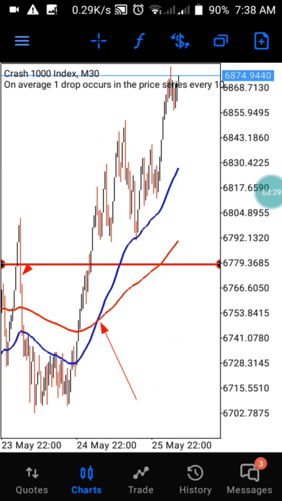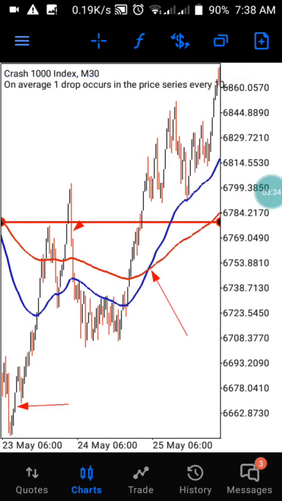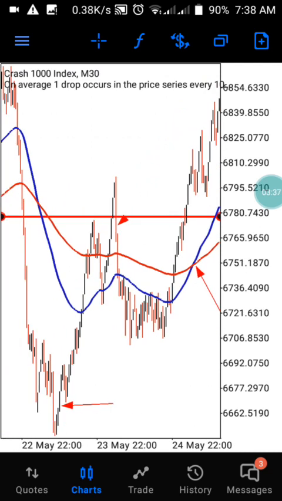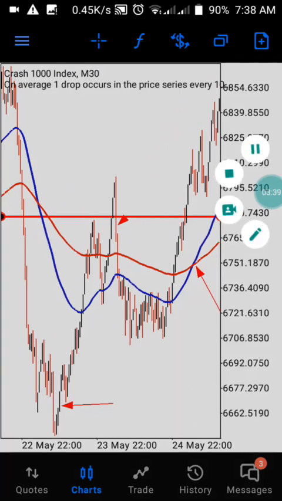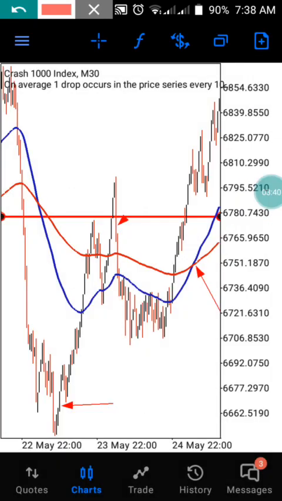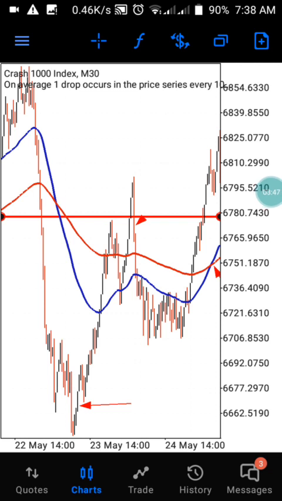Now, the first thing you need to do when you implement this is allow your price to be like this. Anytime you have a crossing over of the two moving averages, you allow your price to reach this particular area.